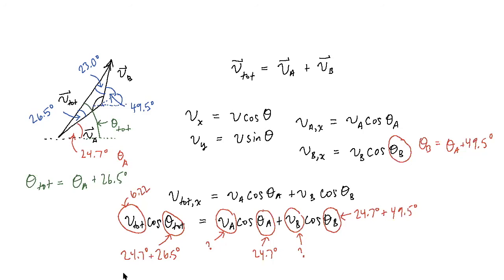So we have this other equation: V total times the sine of theta total is equal to V_A times the sine of theta A, plus V_B times the sine of theta B. Okay, and so now you basically have two equations and two unknowns, and so you can solve that as a system of equations.